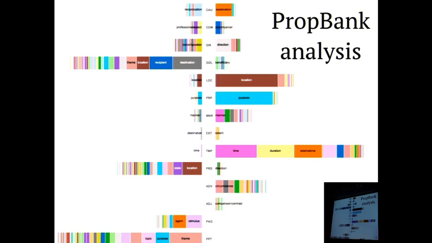The adjunct roles are the ones on the right, and for the most part they are pretty clean in mapping to certain supersenses in our scheme, but the core roles are all over the place, and we think that this may be in part due to the way in which they assigned these function labels to their core roles, and maybe that needs to be revisited on the PropBank side.